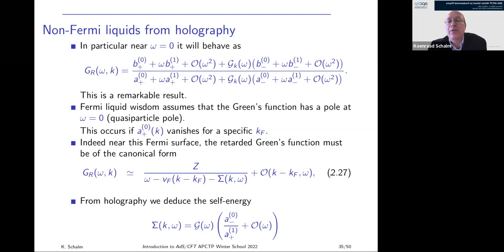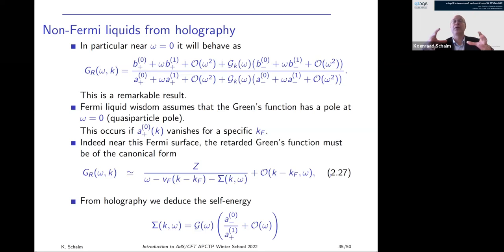If you remember what a Fermi surface is, thanks to the Pauli principle, if you have a finite density of fermions, you can only put a single fermion at each specific value of a momentum. So if I put in one fermion at 0 momentum, the next fermion must have a small amount of momentum. If I put the third fermion in with minus that momentum, I already have, again, a total net momentum 0.